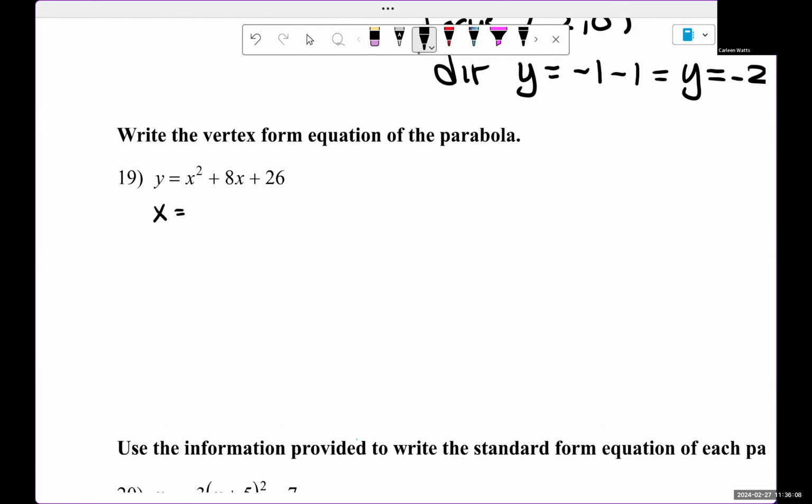Oh, we could, if we tried to factor, we would get the x-intercepts. How can we find the x coordinate of the vertex? See, here's the hardest part. You see a problem, the hardest part is knowing where to begin.